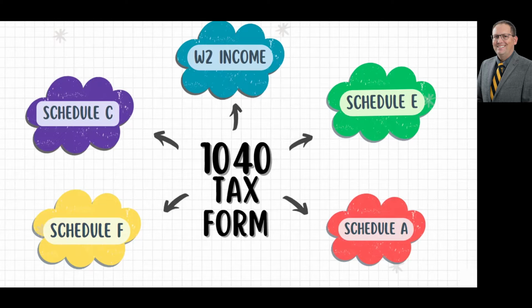The Schedule F is really focused on the farming side of things, and that's where you'll put your income and expenses for your farming enterprise. Sometimes things from the farming enterprise might turn into things in the Schedule C. Maybe you take some of your produce or products and make different types of manufactured products.